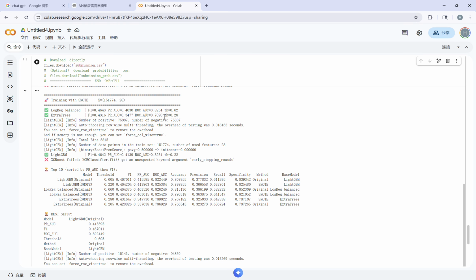Another practical check in the output is the prediction distribution. How many test cases are predicted as 1 versus 0? This matters because it helps us spot unrealistic behavior.